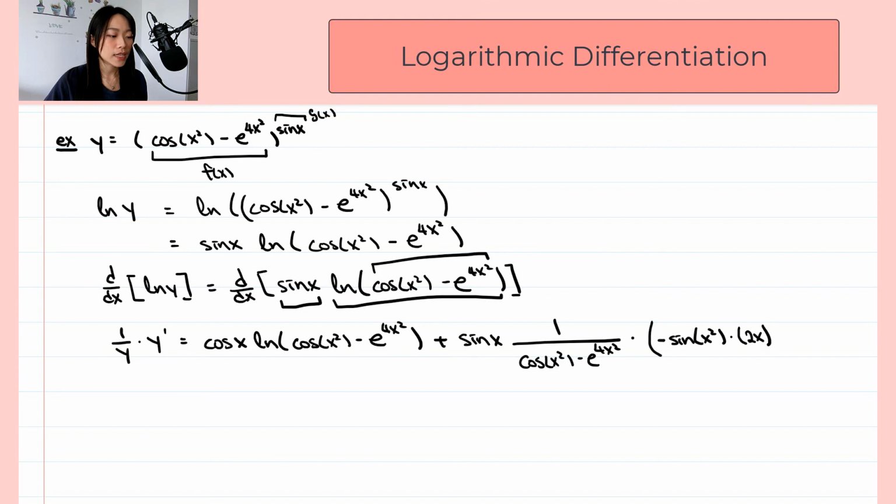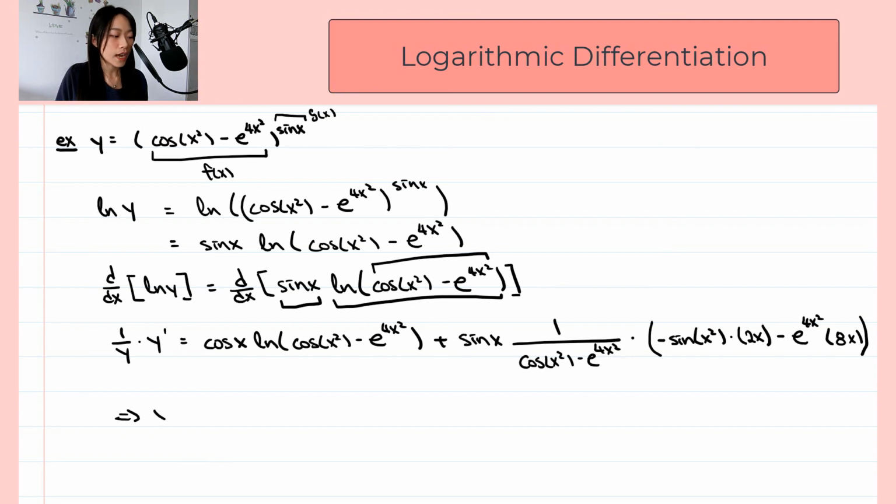And then minus derivative of e to the power of 4x squared. So the inside function here is 4x squared. And derivative of e to the power of x is the same, e to the power of 4x squared, and then times derivative of 4x squared, which is 8x.